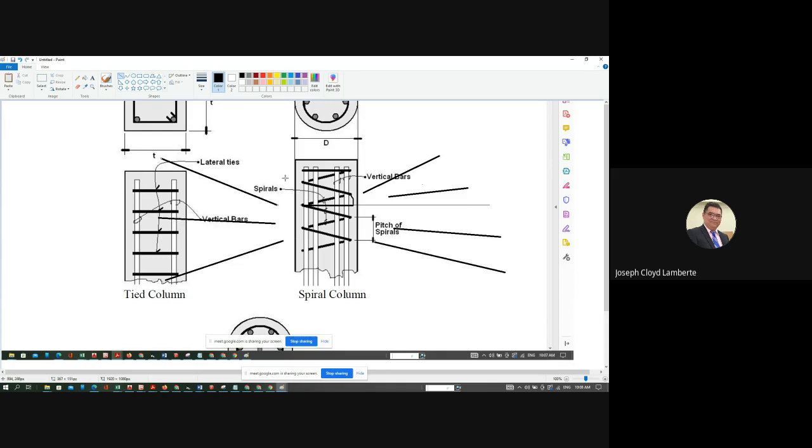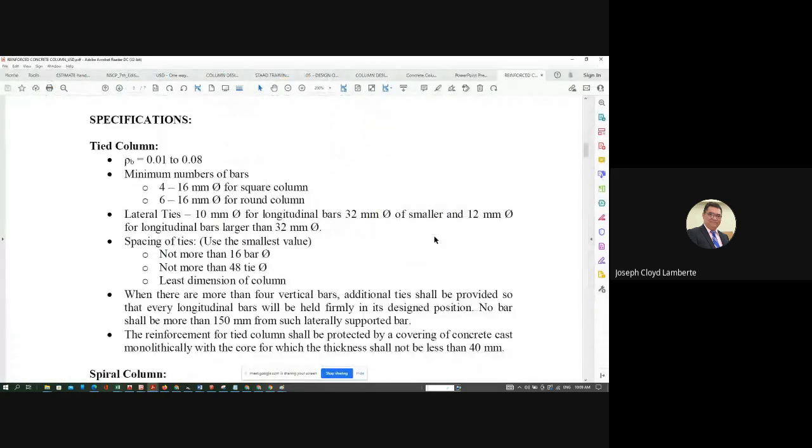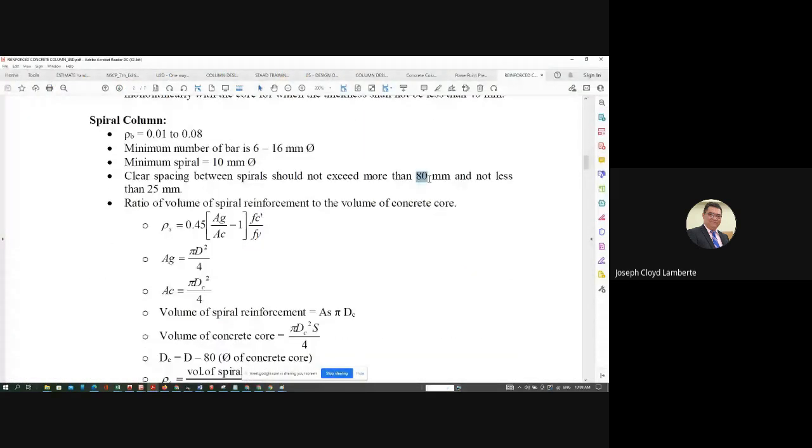So it should be closely spaced if possible, with a maximum of 80 mm or 3 inches. I don't know if it can be made 80 mm, but it is at most 3 inches. So who studied the ICT building?